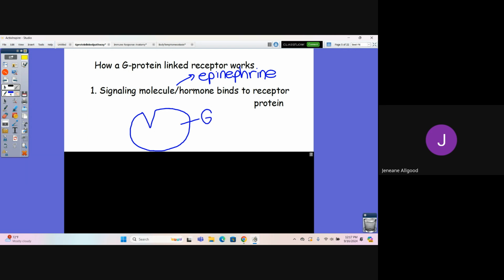This is our G protein linked receptor. And this is going to be our signaling molecule or our hormone.